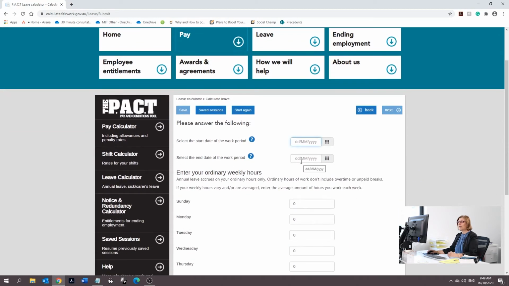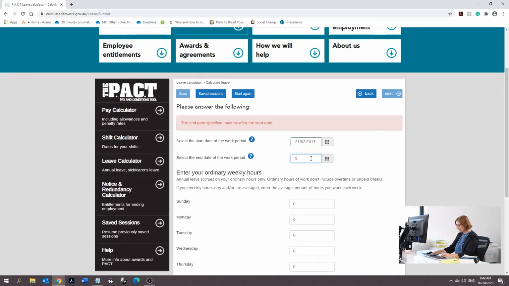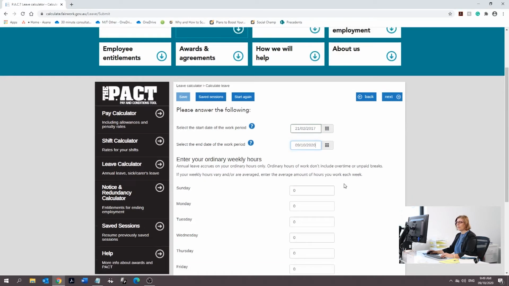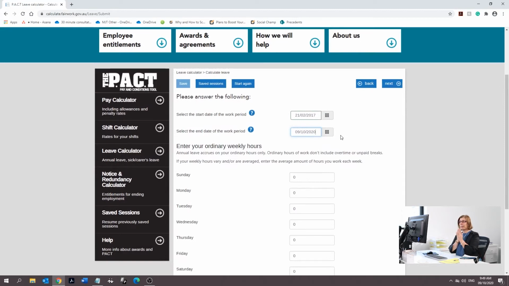Okay, so I started work on the 21st of February, say 2017. That's when I started. And we're going to have today's date, which you saw before, so that's 09/10/2020. That's the period from when I started work to today.